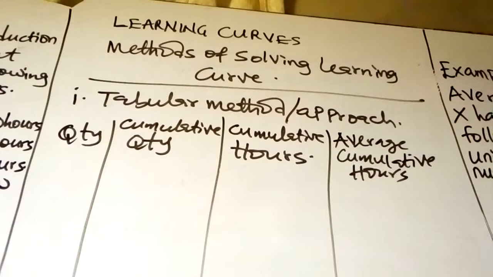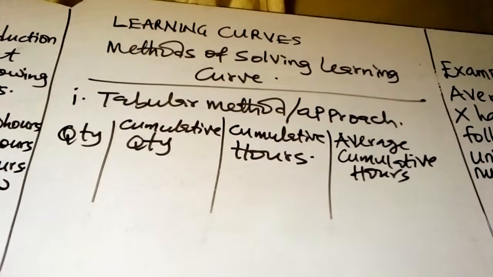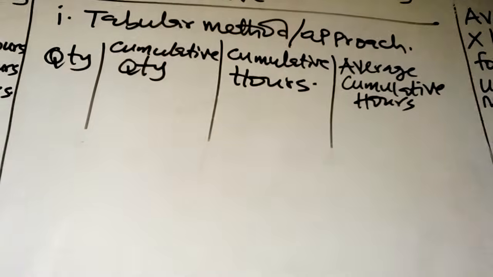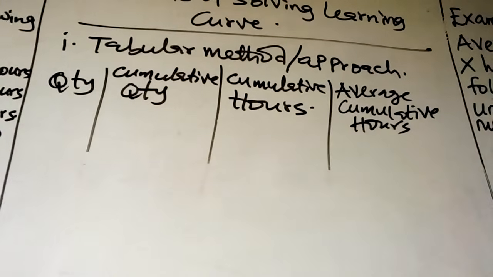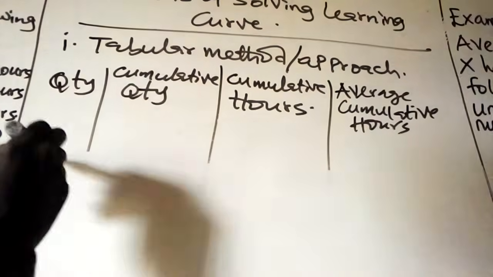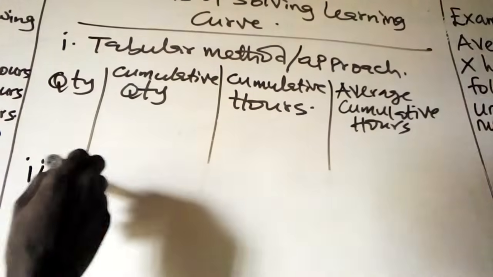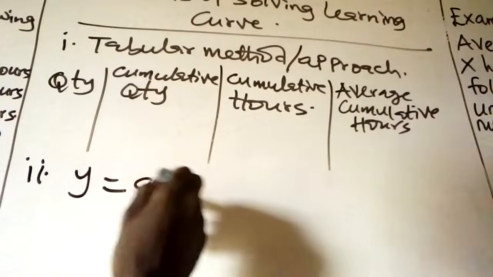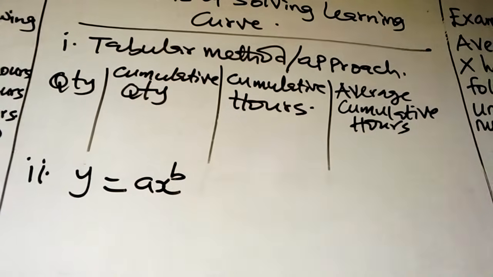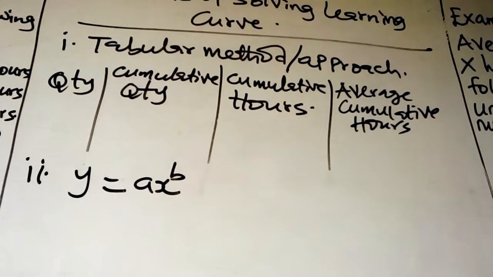The second method is the algebraic approach, from the word algebra. Problems under this method are solved using this formula: y equals ax raised to power b. This tabular approach I've explained has some limitations.